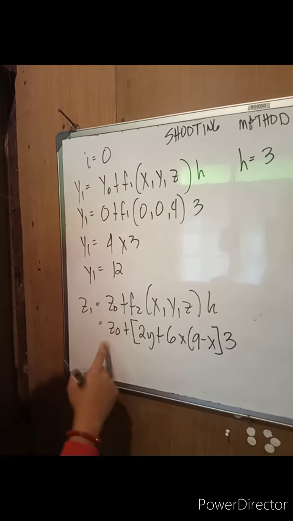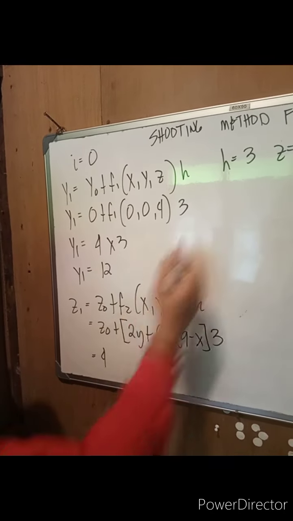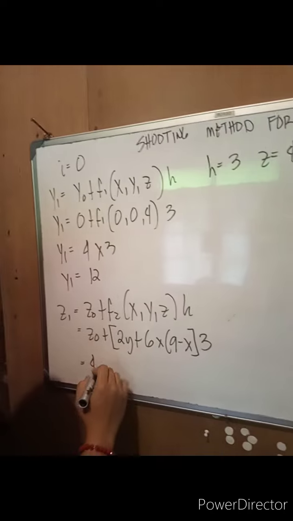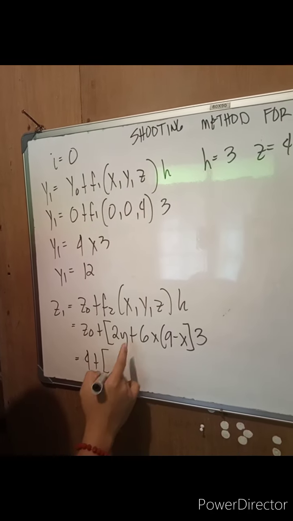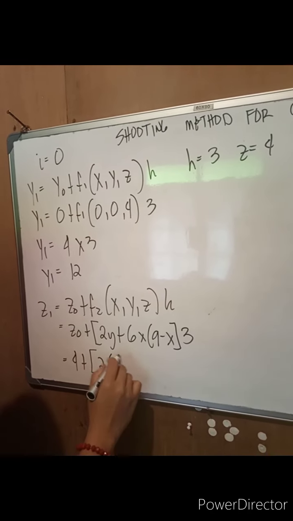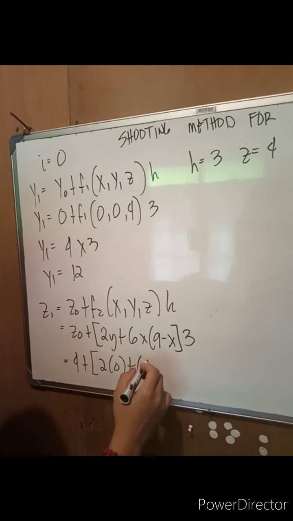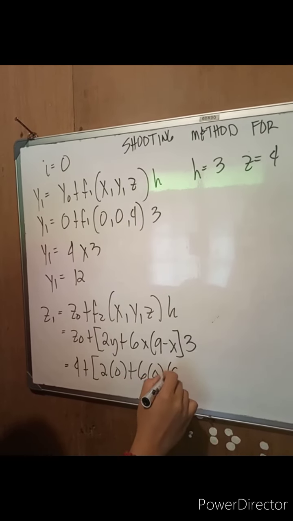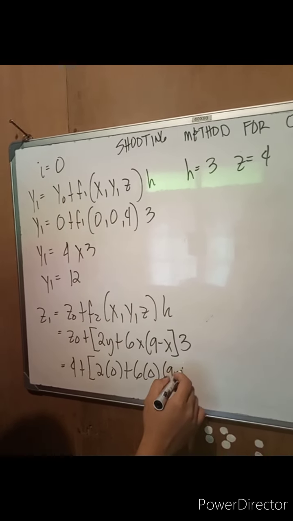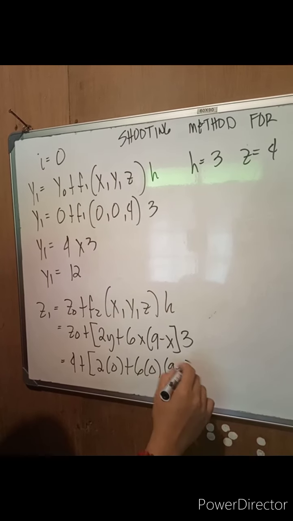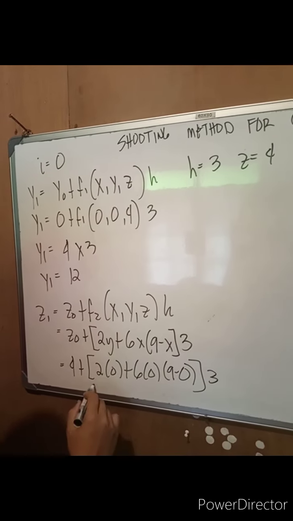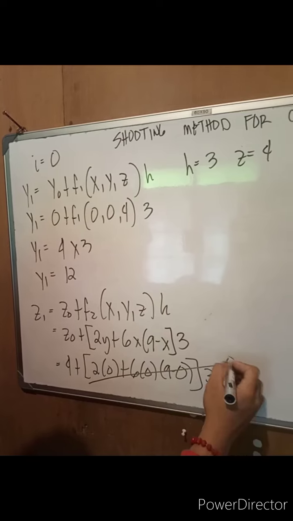So, ang mangyari, yung z sub 0 natin is 4, plus, yung y natin is 0, plus 6, yung x natin is 0 din, times natin ng 9 minus x na 0, times 3, is equal to 0 yan siya.